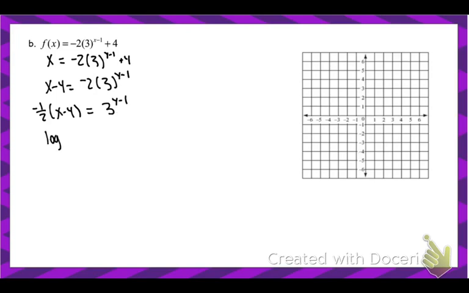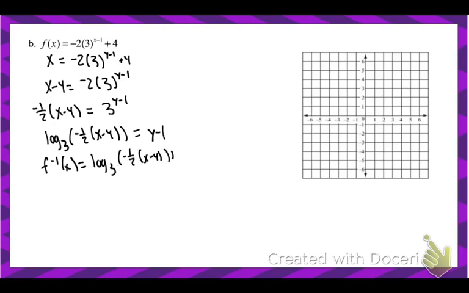Rewrite it as a log. And then add 1. All right, so there is my inverse. The inverse is a log, and it still has the same base.